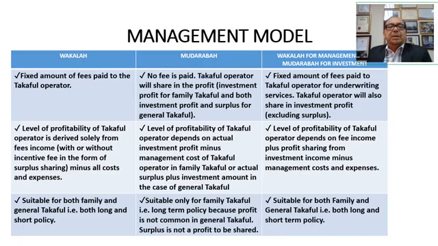So okay, in Islamic takaful, the names of the products are different from the conventional. For example, number one, wakalah. This is a fixed amount of fees paid to the takaful operator. Say you buy insurance for a house.